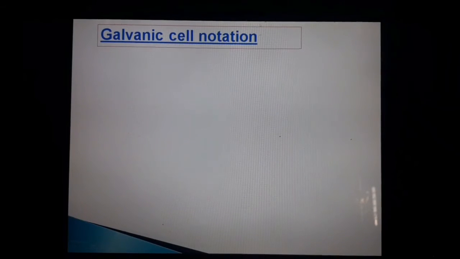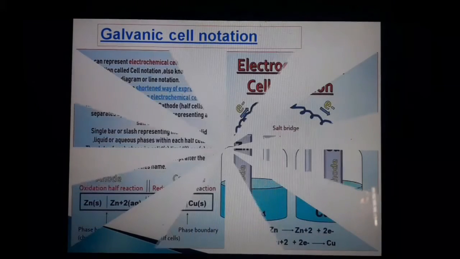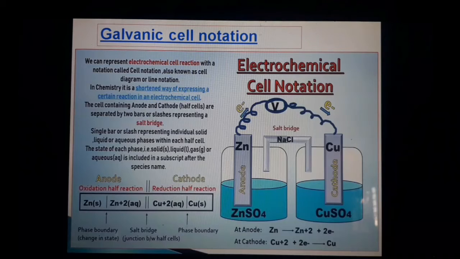In galvanic cell notation, how to write the cell in equation form, that is the cell notation.